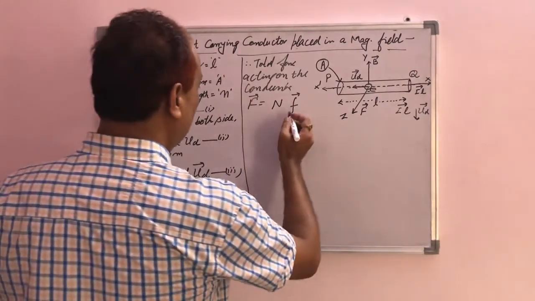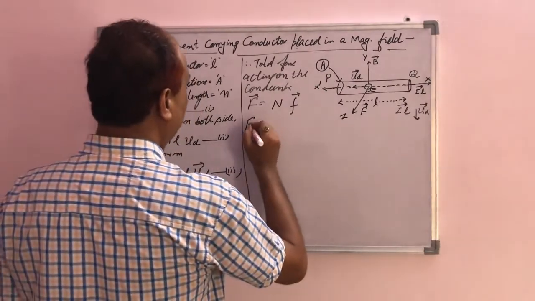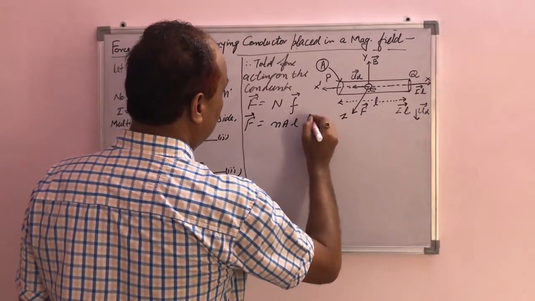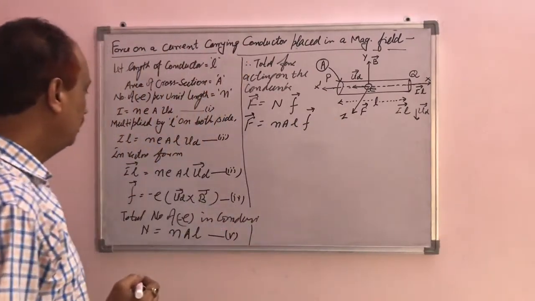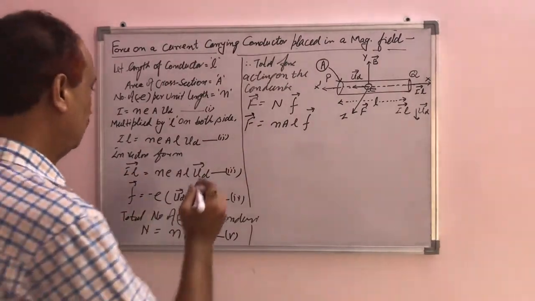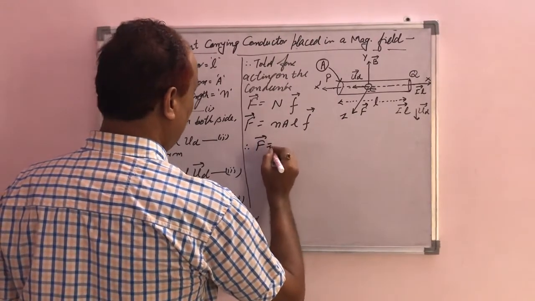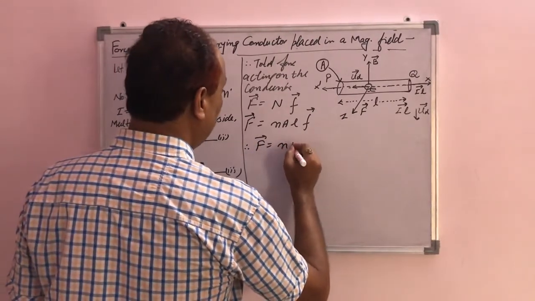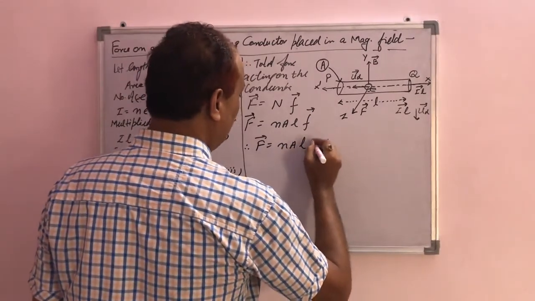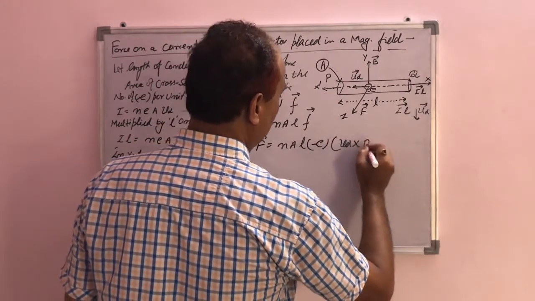Now we put the value of N from equation number 5, so F equals n A L into f vector, and we put the value of f vector from equation number 4. So the total force F is equal to n A L times minus e VD cross B.